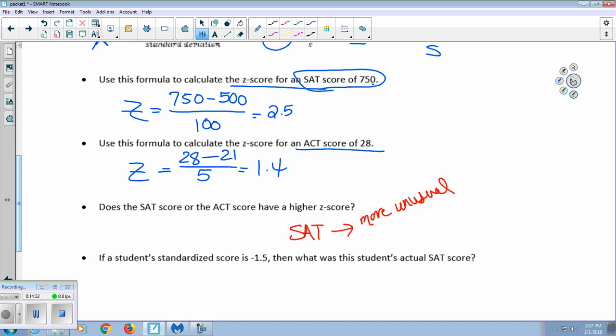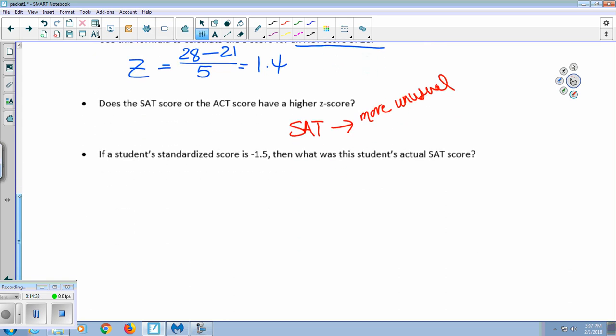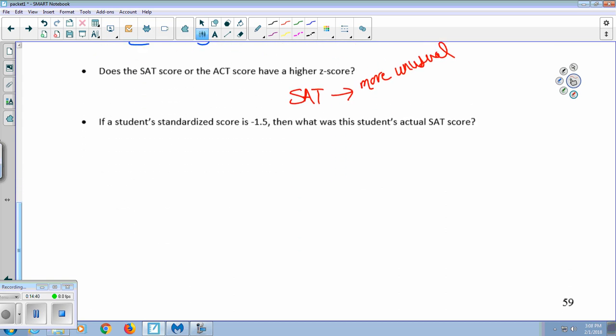Okay, so one other idea that you're going to need to be able to do is to go the other direction. If you're given a standardized score, okay, of say negative 1.5, what is the actual SAT score? So we're going to calculate this, but just quickly before we do, I want to think about it. I'm seeing that they're asking about negative 1.5.